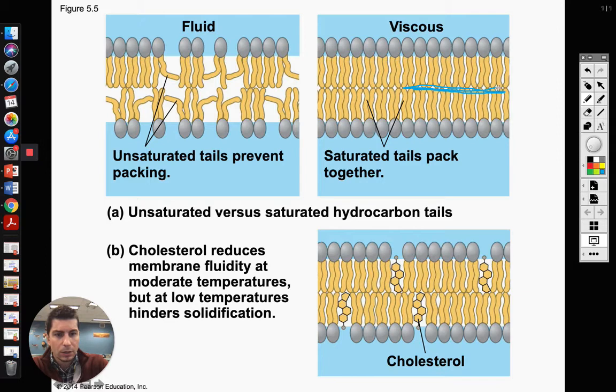So we have a lipid bilayer, one layer here, one layer here. And if it becomes solid, instead of being like this, it will separate from one another, okay? That's not good, because then we don't have this nice lipid bilayer protecting our cells and regulating what goes in and out, okay?